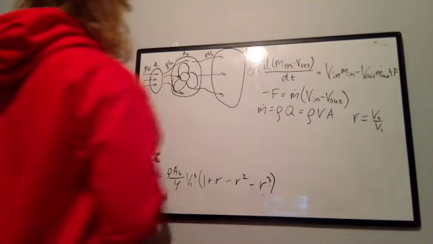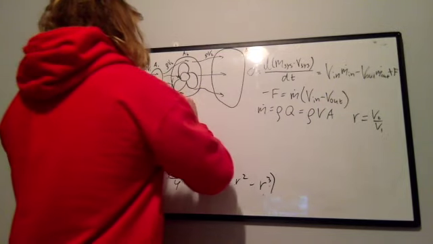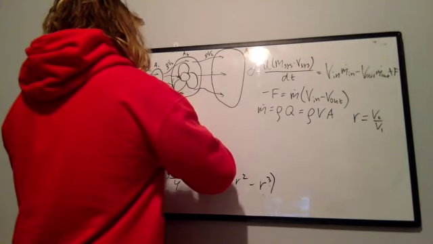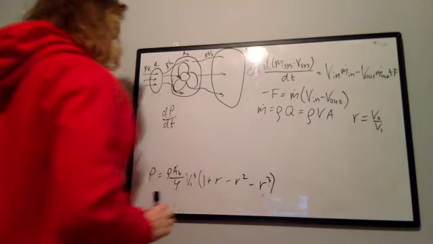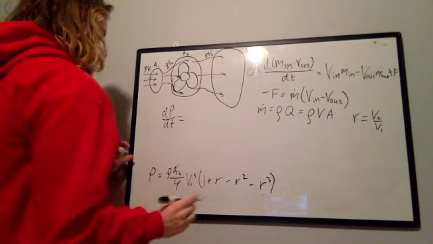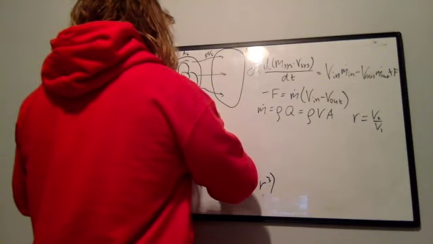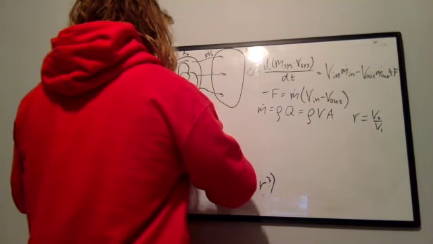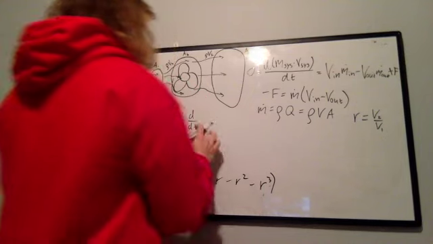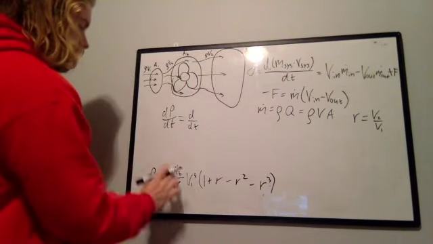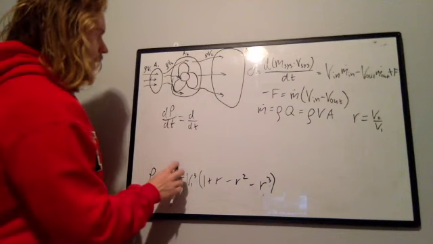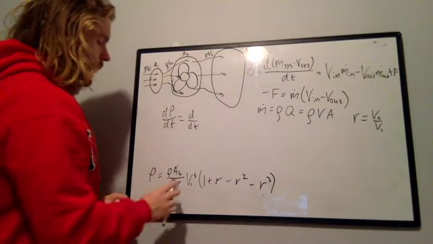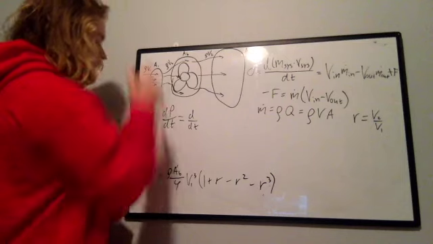All right, so we are going to be taking the derivative of power with respect to time, and that is going to be equal to the derivative with respect to time of this term right here. The density is going to be constant, as well as the area at the blade, and the velocity going in is also going to be constant.